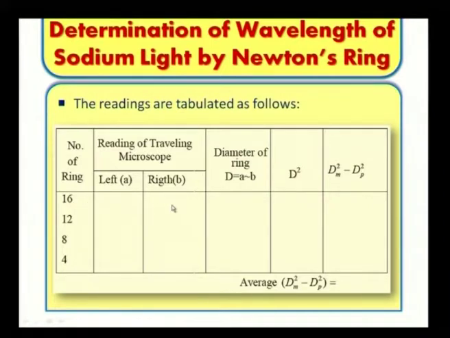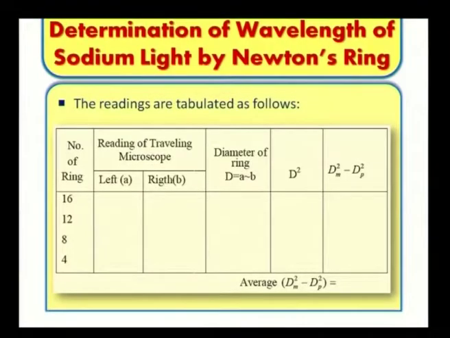You have taken the reading for the left side, then the reading on the right side. The difference between these two readings will obviously give you the diameter of the 16th ring that you have to find. The diameter of the ring D will be A minus B, the left and right; the difference between A and B will give you the diameter of the 16th ring.